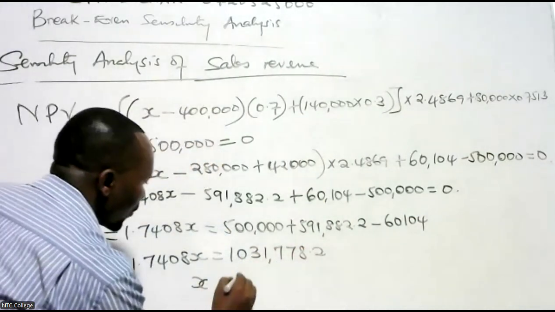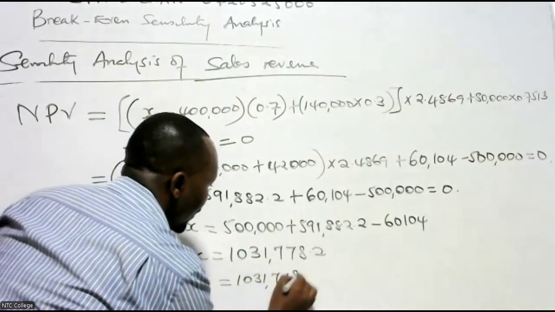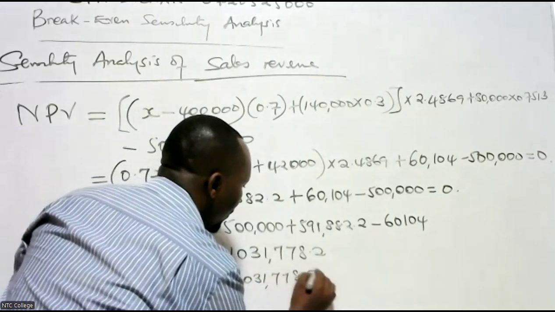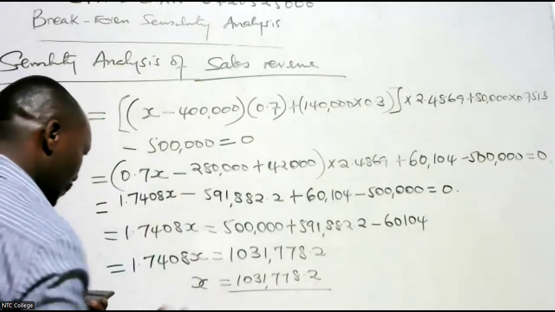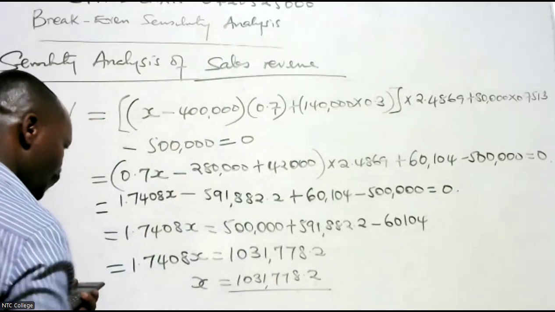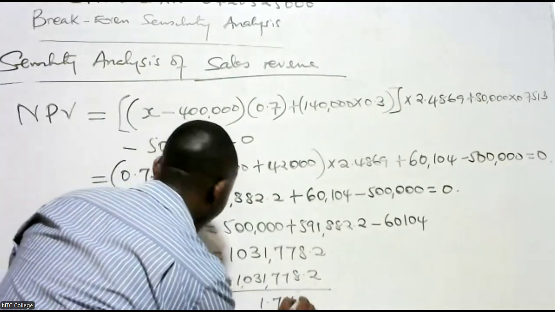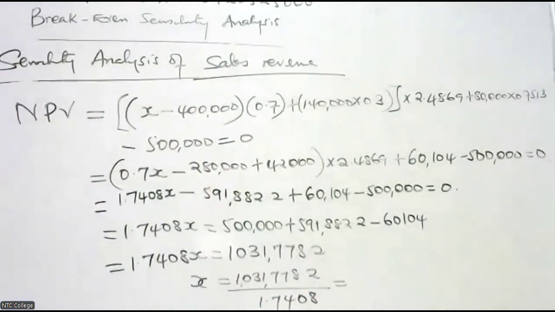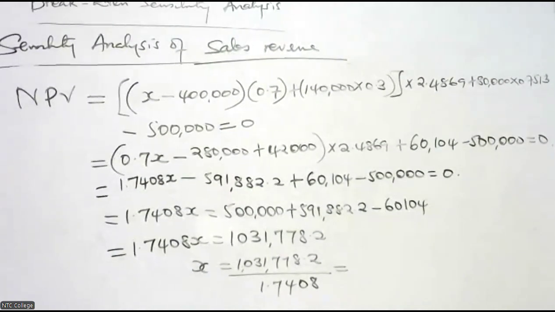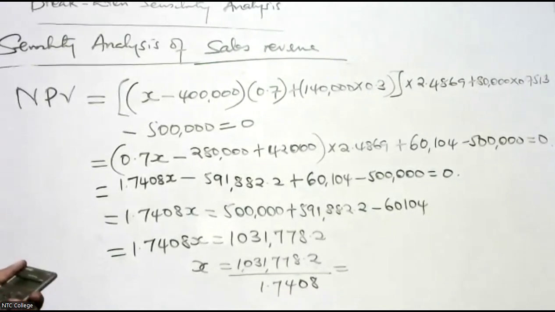So our X is equal to 1,031,778.2 all over 1.7408. What is the answer? Let's round that and proceed. That is what remains. So you divide and you get 4020.